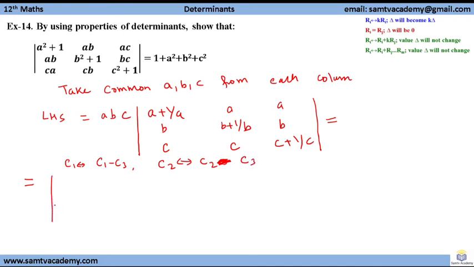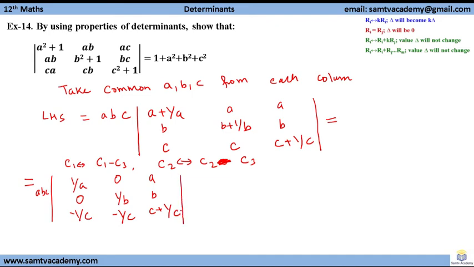So we are getting here, C1 minus C3 means a gets cancelled, so it will be 1 upon a, and b gives 0, and third c gets cancelled, so minus 1 upon c. Similarly for the second column, if we subtract, here this will be 0, this will be 1 upon b, and c gets cancelled, so this will be minus 1 upon c, and the third column will remain as it is, a, b, c plus 1 upon c.